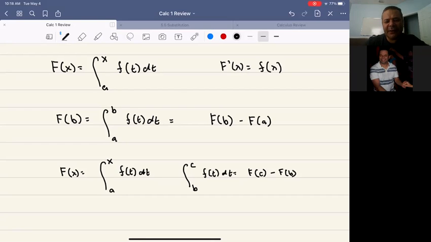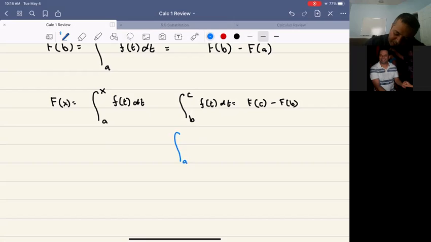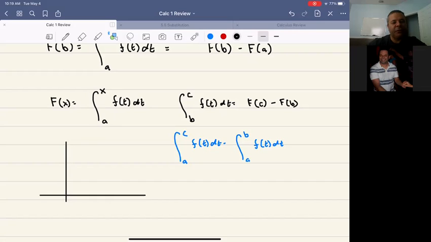And that makes perfect sense with integrals, because if you think about it, this is going to equal the integral from a to c of f of t dt minus the integral from a to b of f of t dt. That makes sense if you think about what our integral represents. Remember, our integral represents the area under some curve.